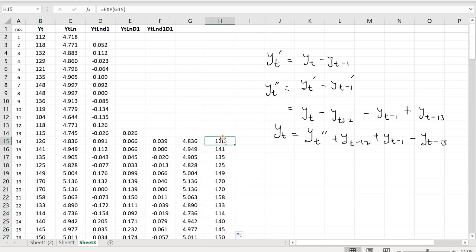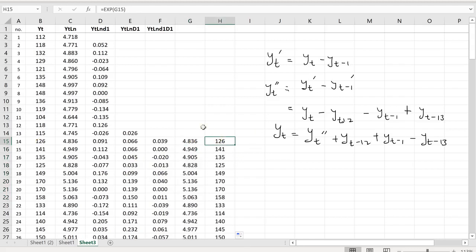Remember this is just like a simulation, because I want to demonstrate how we are going to get back the original data. Of course, if this one is fitted, it's not the same data as this one, because fitted comes from the model, not the same as the observed data. This is just to demonstrate to you.